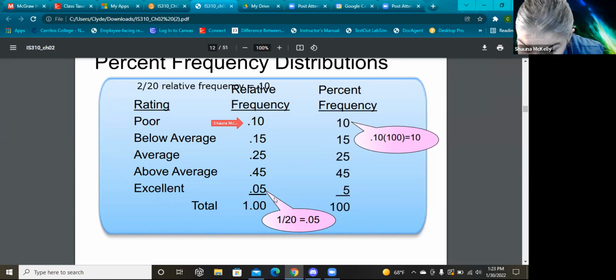And the reason that it's always 100 is because we're converting a decimal to a percentage when we do it. That's why. But that's how it's coming out. Is that clear?